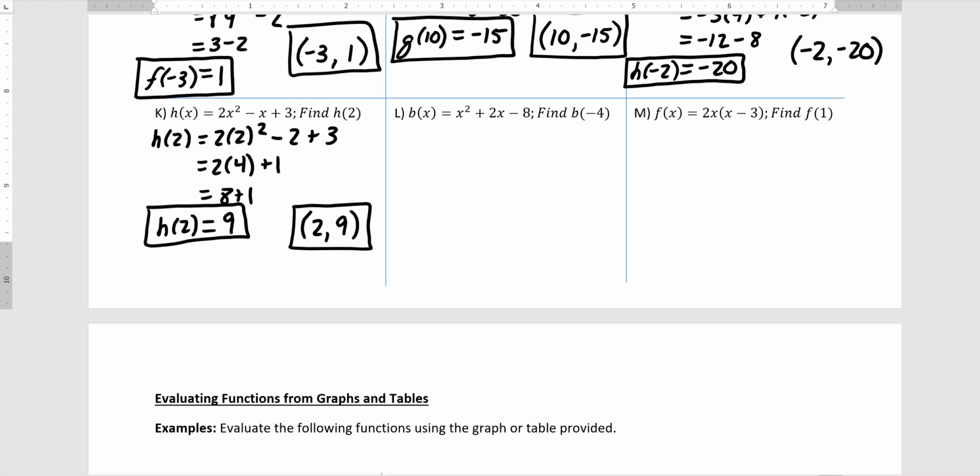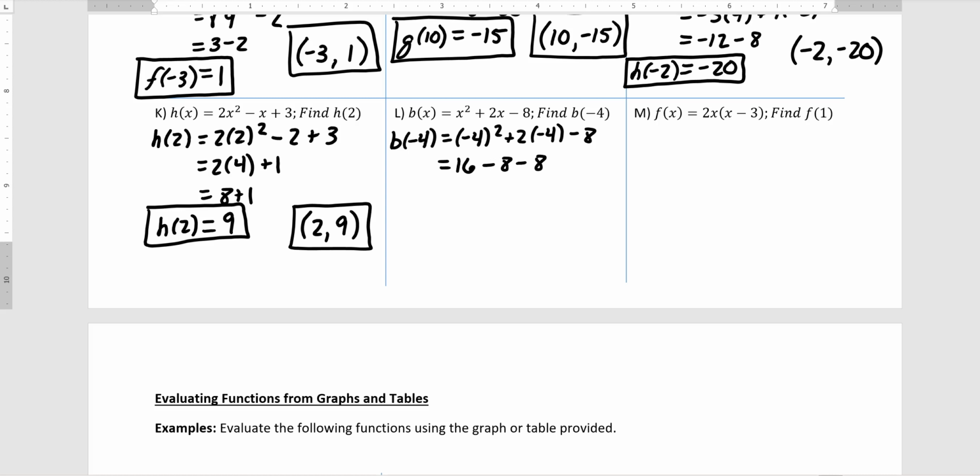Let's look at letter L. b of x equals x squared plus 2x minus 8. Find b of negative 4. So I would say b of negative 4 equals negative 4 squared plus 2 times negative 4 minus 8. Well, I've got to do my exponent first. So negative 4 times negative 4 would be positive 16. Multiplying 2 times negative 4 would give me negative 8.